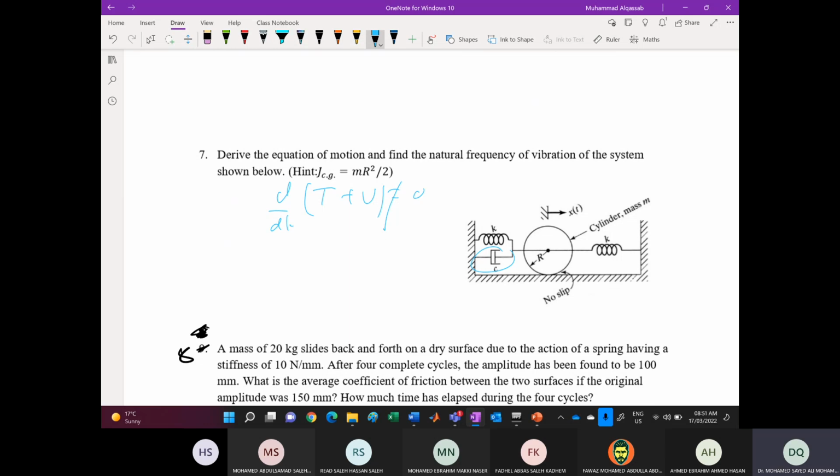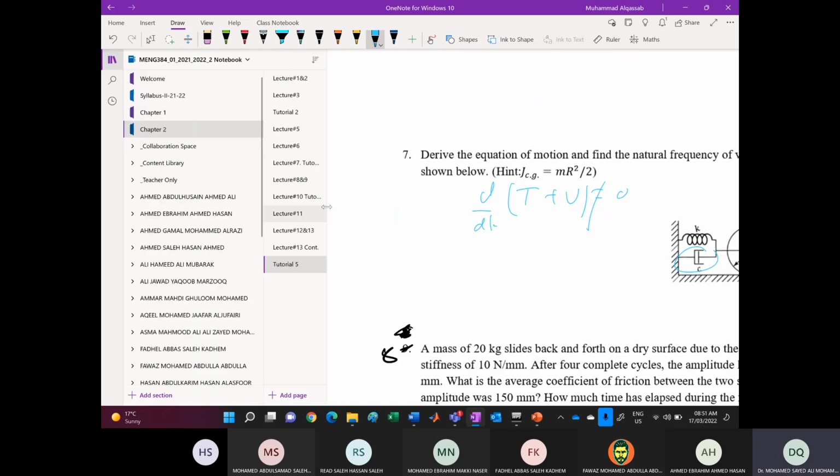Okay, so what you need to use, one of the things that we learned, is Newton's second law. And this is similar to the question in tutorial number 3, but you have a damper. In tutorial 3, I put the 2 methods.